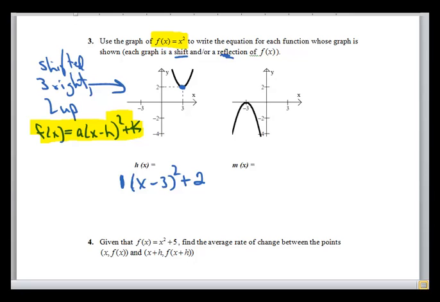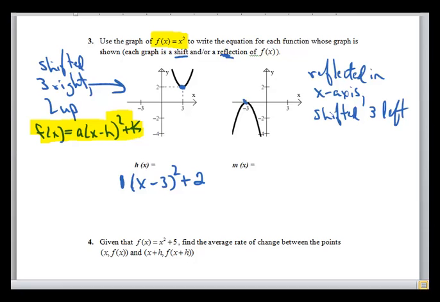Now this one has been inverted, right? Reflected in the x-axis and shifted 3 left, right? So again, a times x minus h squared plus k.